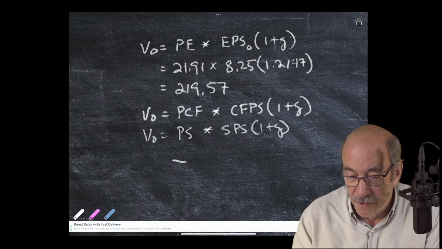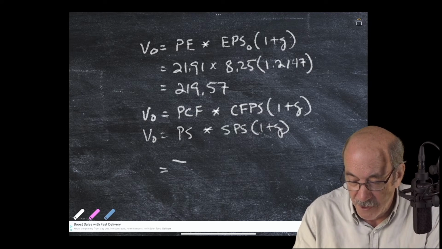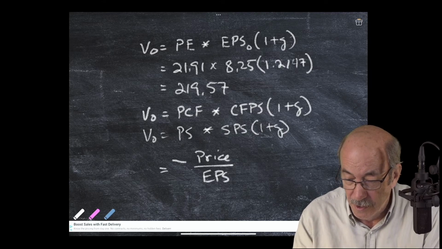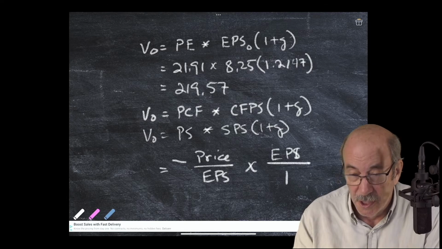And the way to think about this, if we want to give it a little more intuition, remember we've got price over EPS. That's the multiple. And we're multiplying that by EPS. And there's always that implicit 1 in here.